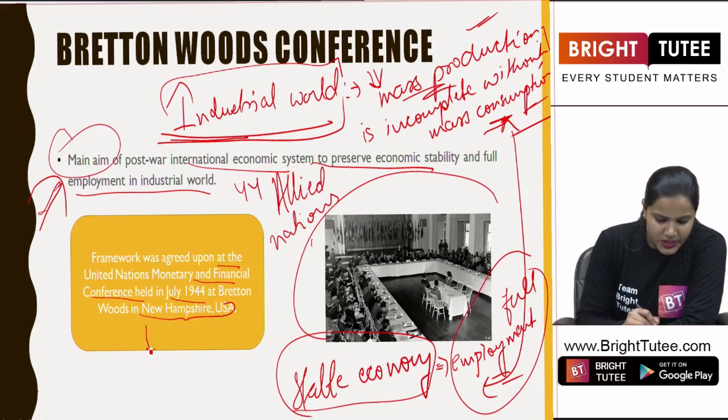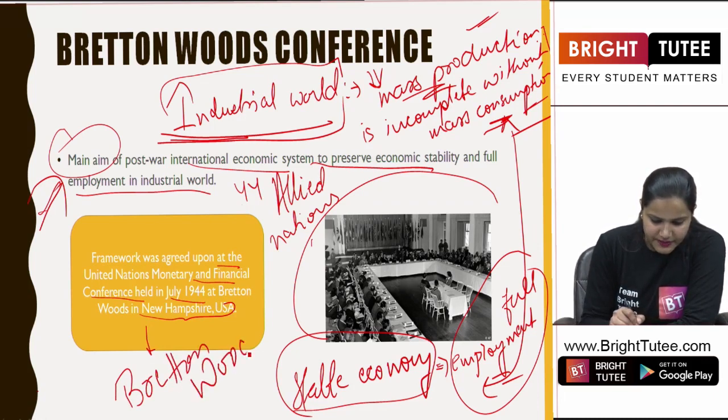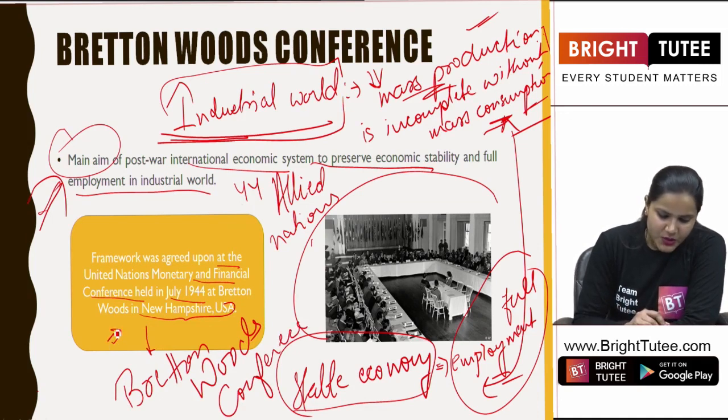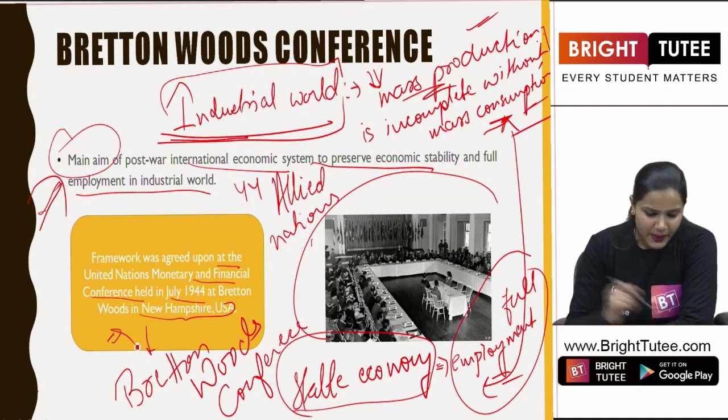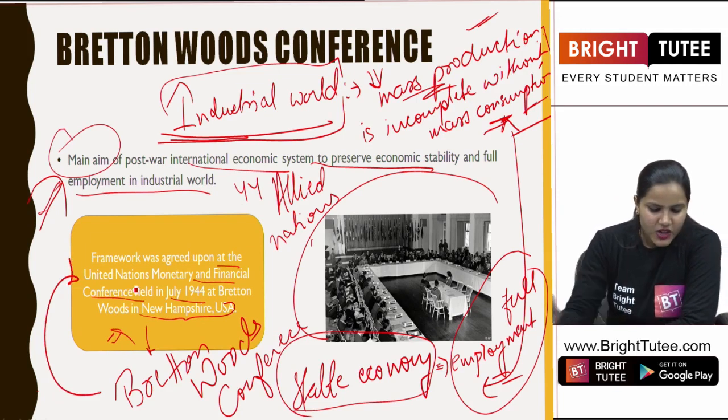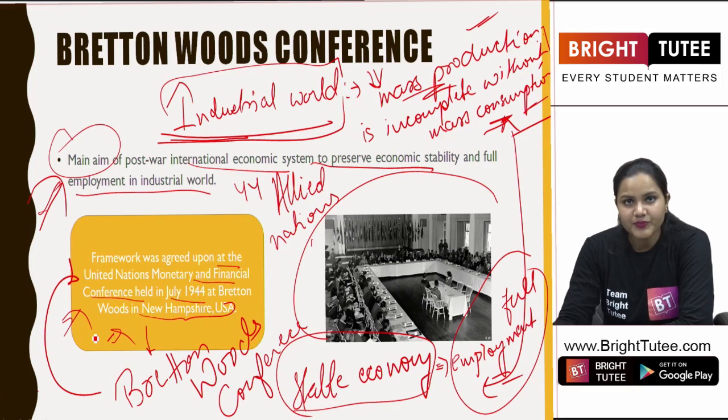So, this was the Bretton Woods Conference. Why are we calling it the Bretton Woods Conference? Because it was held at Bretton Woods, and this was formally known as the United Nations Monetary and Financial Conference. Okay? So these two terms are really important for you.